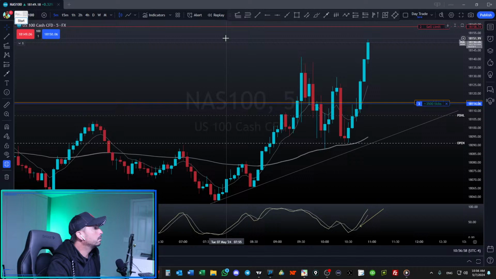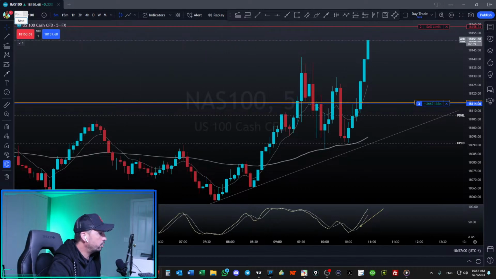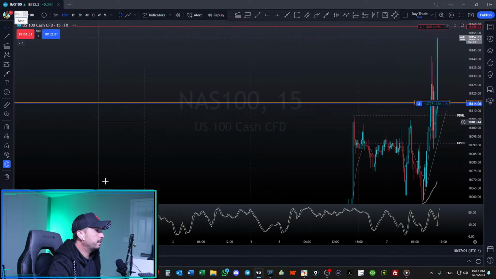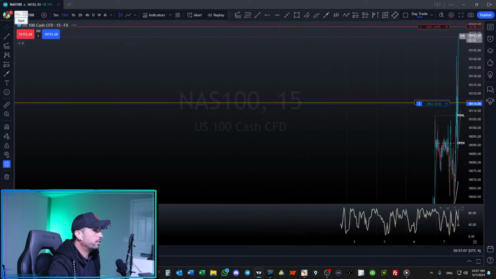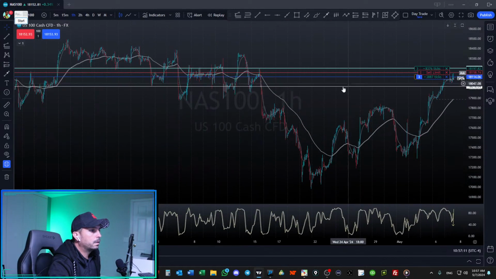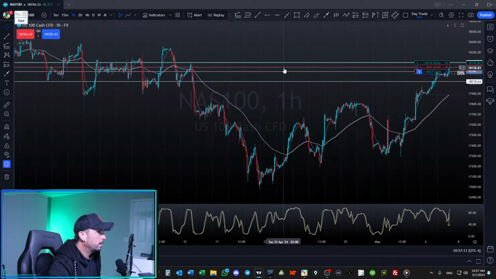Looks like we're heading towards our target. Let's look to the left to see where that target falls. If it's in any support area, it's in a pretty good area. It's kind of halfway.